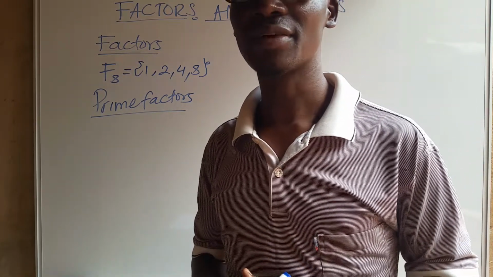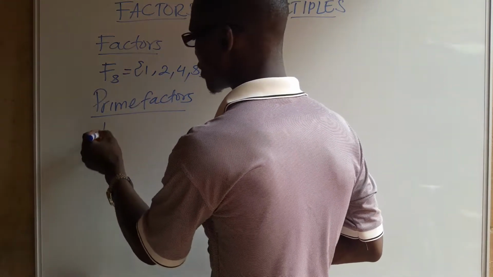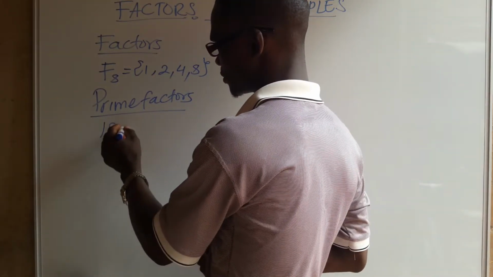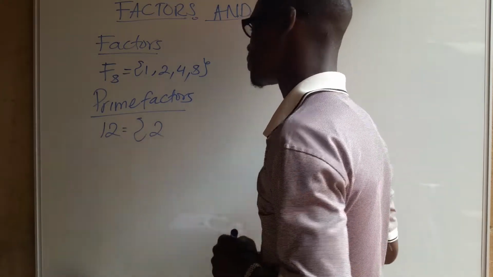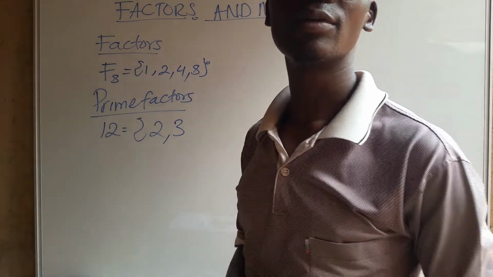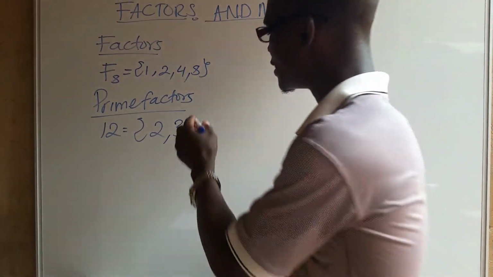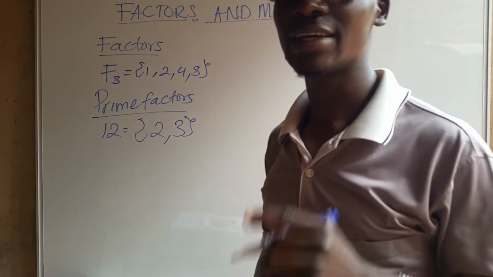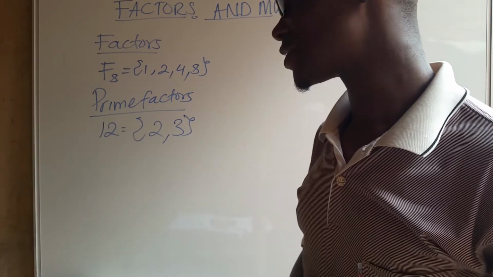For instance, when we look at the prime factors of 12, we have 2, 3. Those are the prime factors of 12 because these factors of 12 have no other factors except 1 and themselves.